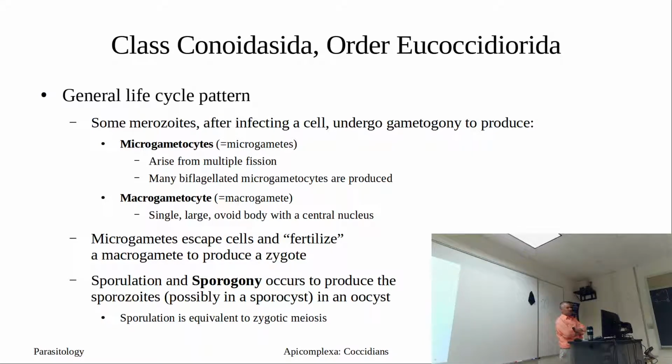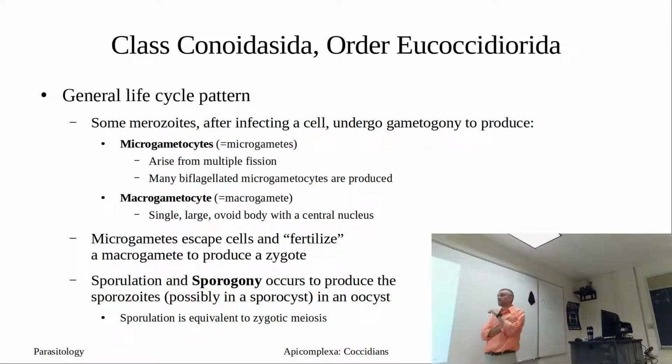The microgametocytes are going to produce our microgametes because they'll undergo multiple fission as part of this gametogeny to produce a bunch of these microgametes. Many of them are biflagellated, right? So they've got two flagella. And then these microgametes are going to rupture the cell to get out.